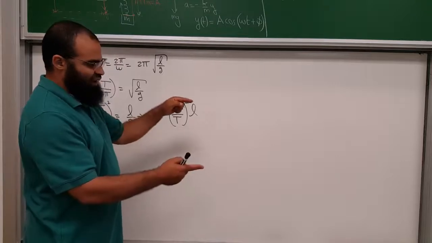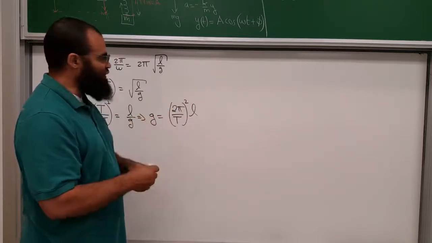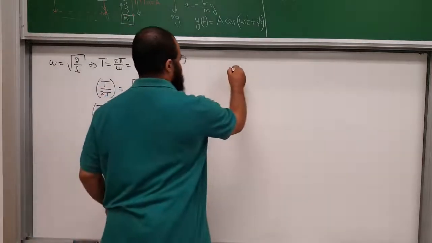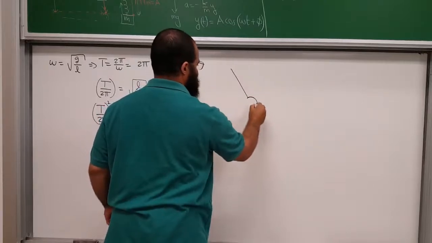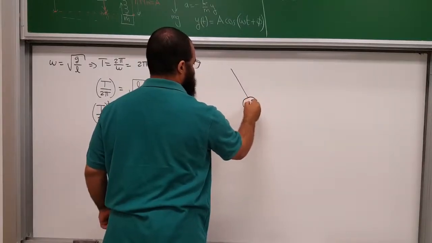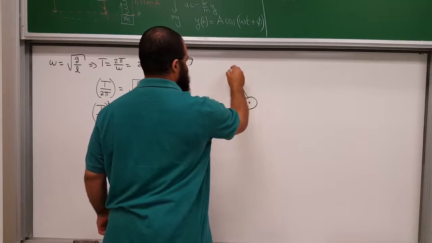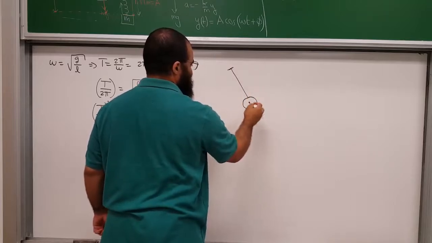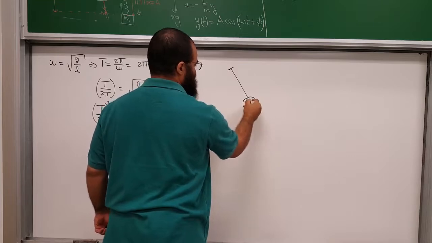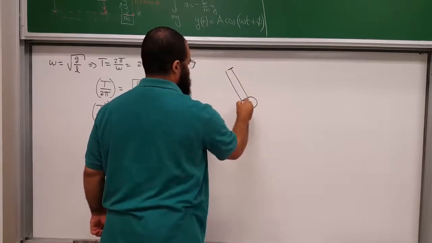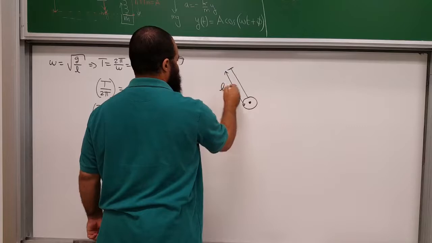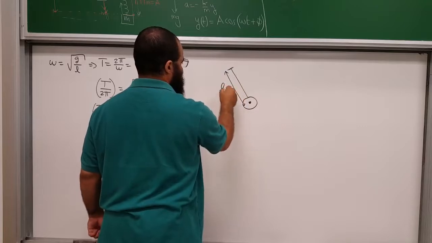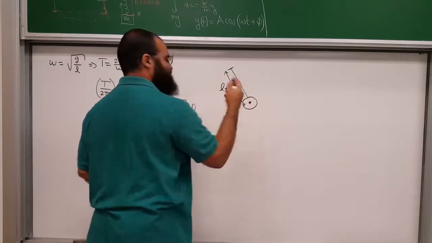It will depend on how accurately you measure the length also. And you run into the problem of where do I measure the length from? Because you have a mass here, and you would measure to the center of mass. But usually the mass you have is irregularly shaped, but it's small enough that you can measure the length to here. So there will be an error in the length. The length will be whatever you think, plus or minus, let's say, a centimeter.